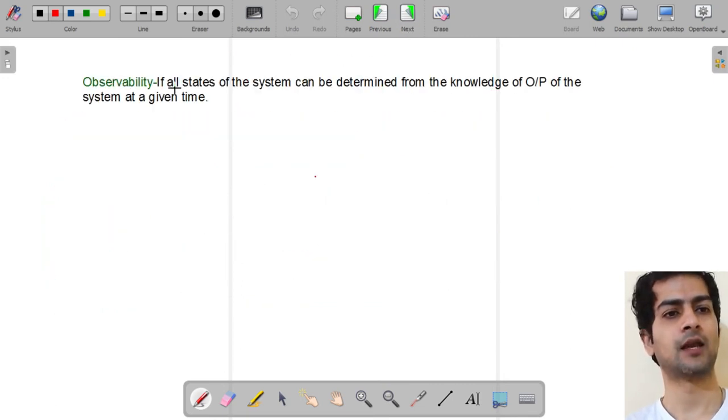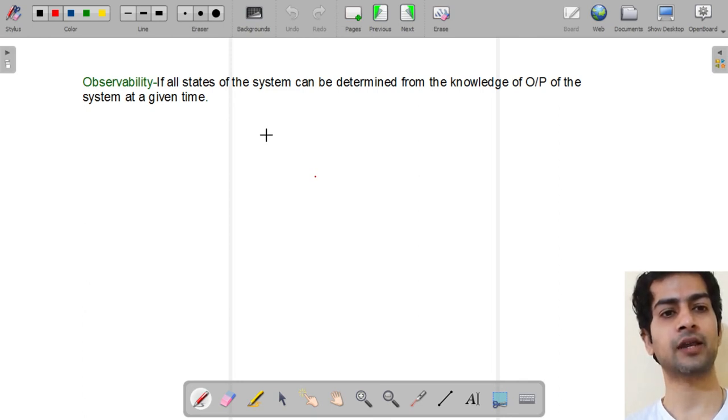Now coming to the next one, observability. So see, if we are able to observe different states of a system from the knowledge of output, then the system is said to be observable.